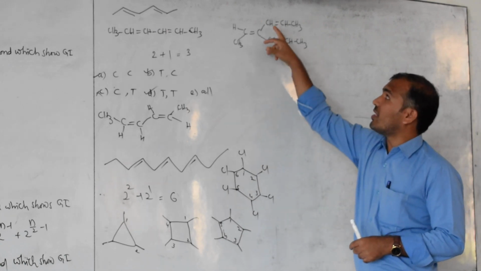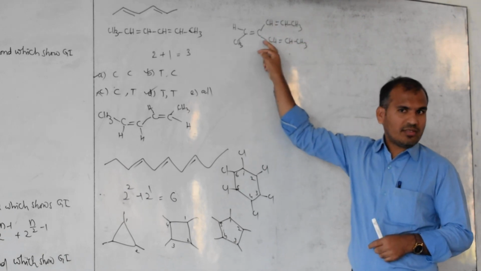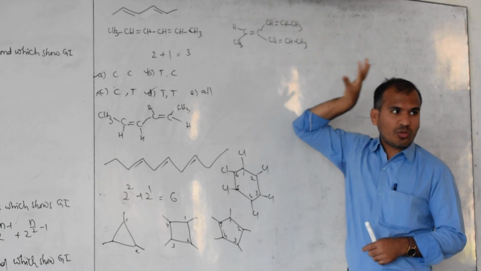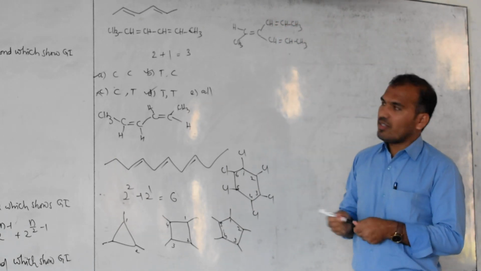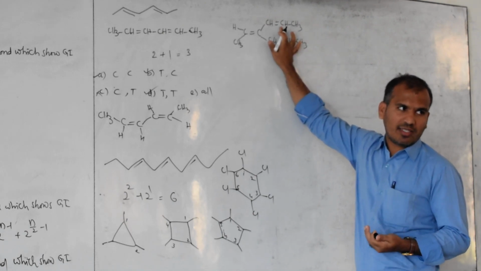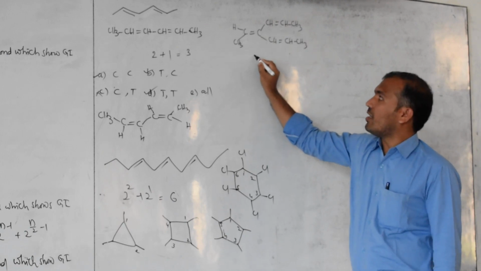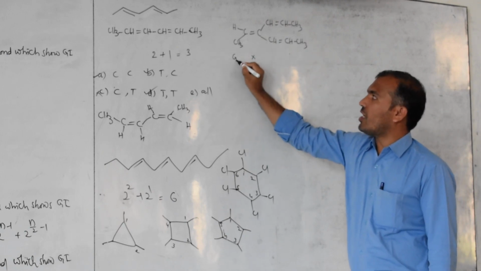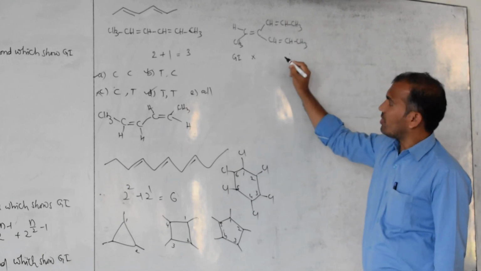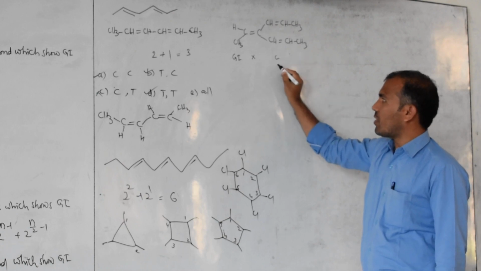But I already told you that these groups look the same. Same means does it show geometrical isomerism? No. But it shows geometrical isomerism when it is in cis form or E form, Z form. So here it is not geometrical isomerism when the upper part is cis and the down part is also cis.